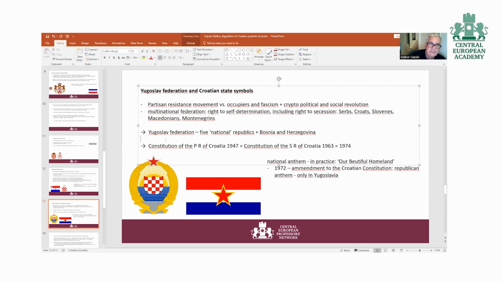Because of that, the Croatian Republic, just as the other republics, was proclaimed as a state, and it had its own constitution. And what is interesting is that the Constitution of the People's Republic of Croatia and the constitutions of Croatia of 1963 and 1974 had the same outlook of the Croatian coat of arms.